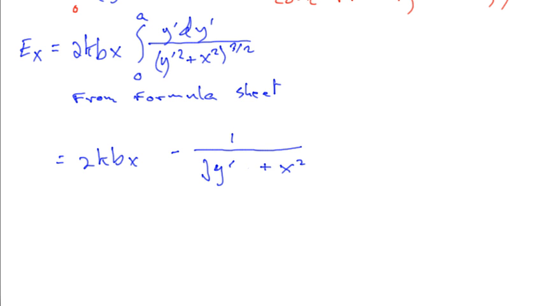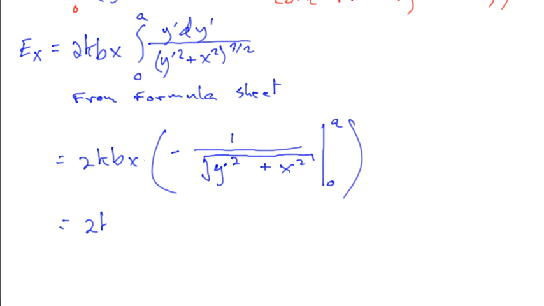Actually, the prime is a little off too, so I'll make it y prime squared plus x squared, evaluated from 0 to a. Y prime goes from 0 to a. I think I got the equal sign in the wrong spot. I just need some parentheses so that's multiplication, not subtraction.